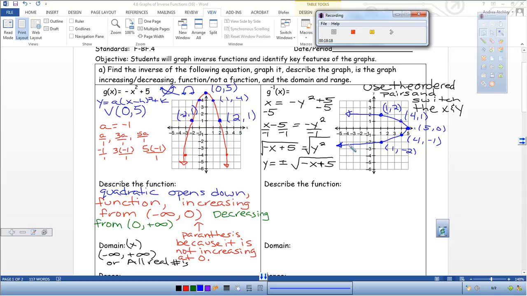Any questions over that? We're all good? Okay. Now I need to describe the function. This too is quadratic. Which way does it open? It opens to the left.